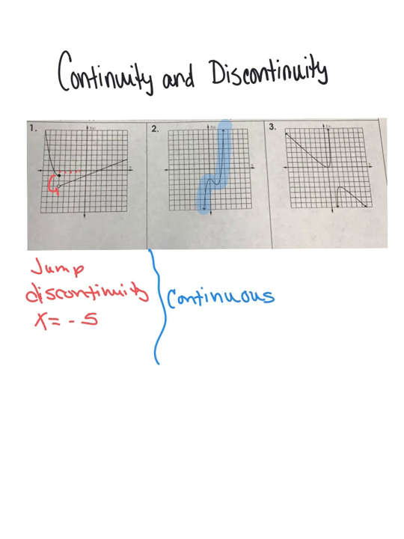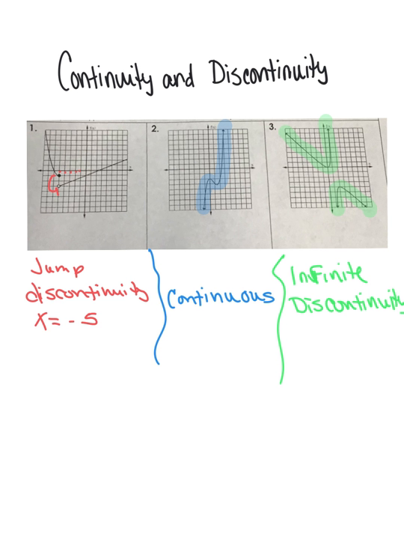My third graph is clearly not continuous, but I don't have any holes and it doesn't jump, so this one has an asymptote, so this one has infinite discontinuity. And I need to figure out where that asymptote is. So it's where these 2 graphs don't meet.